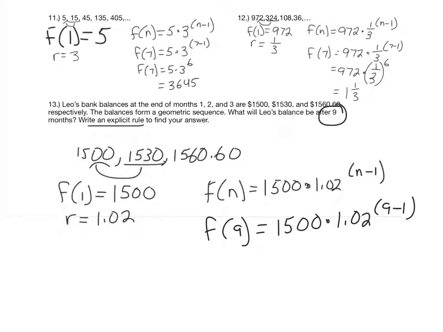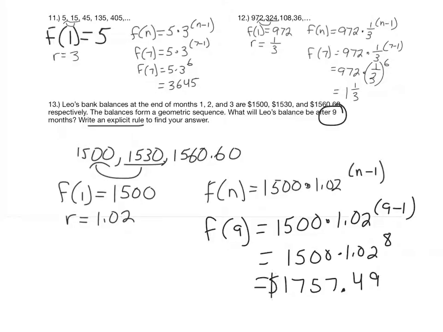Okay? And if you do that, that would be 1,500 times 1.02 raised to the 8th power. And if you put that in your calculator, you'd get your answer, and because we are dealing with money, we're going to round this to the hundredths place, so that would be $1,757.49 would be his balance after 9 months.